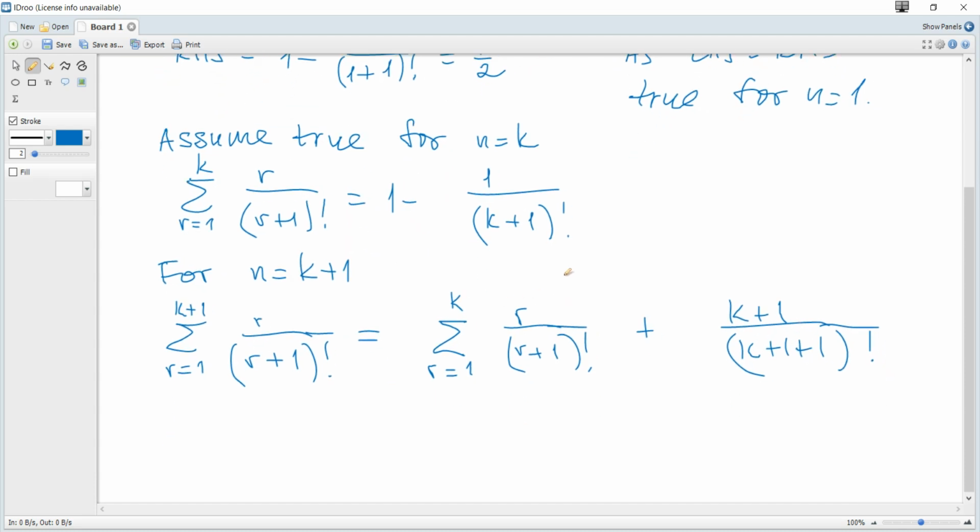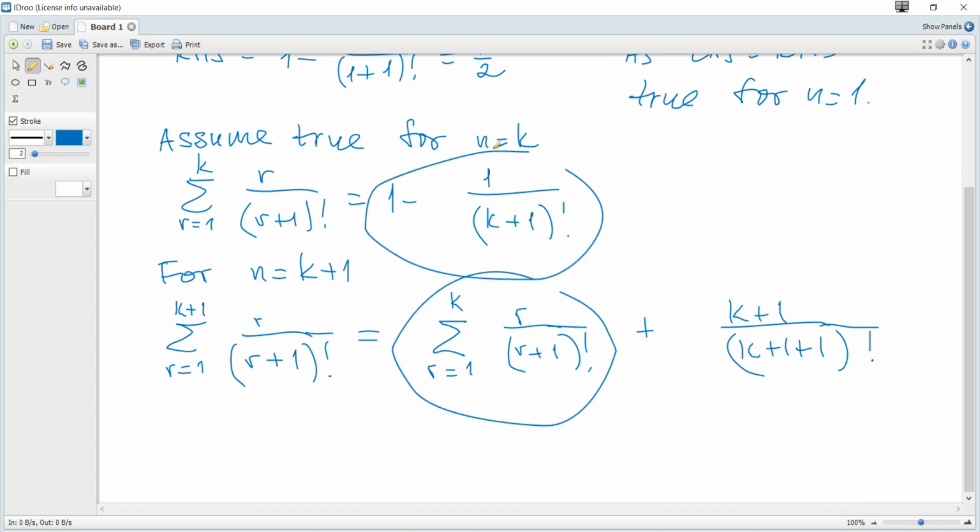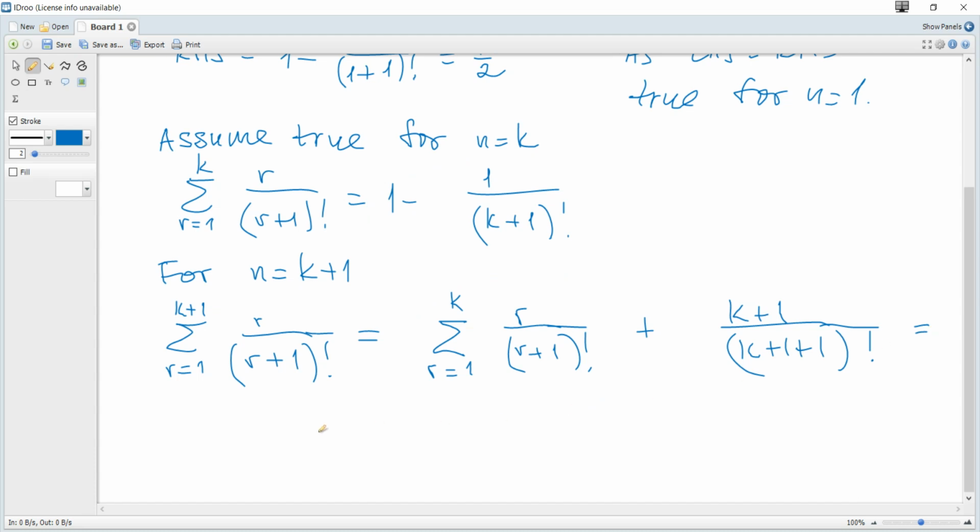And then we can replace this by this, so it becomes 1 minus 1 over k plus 1 factorial plus k plus 1 over k plus 2 factorial.